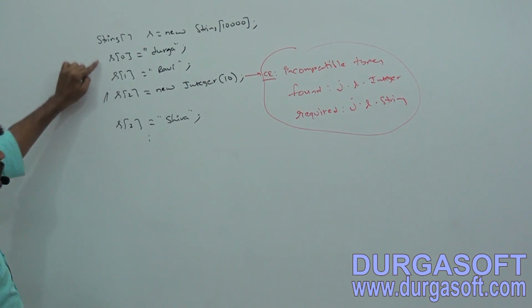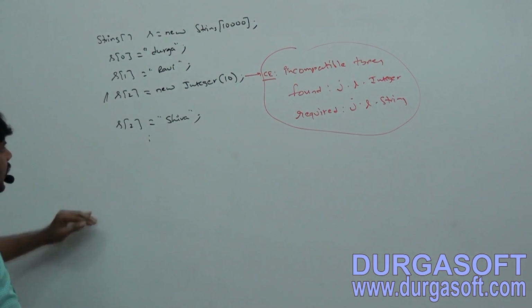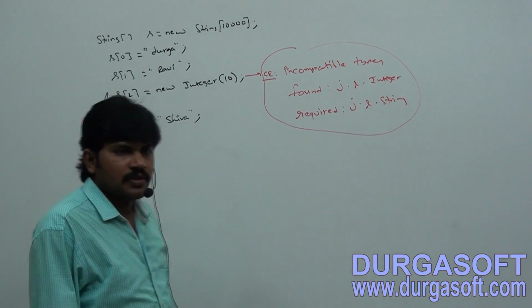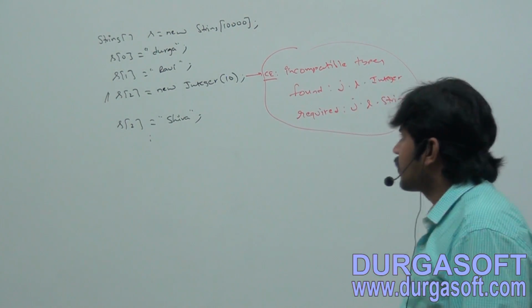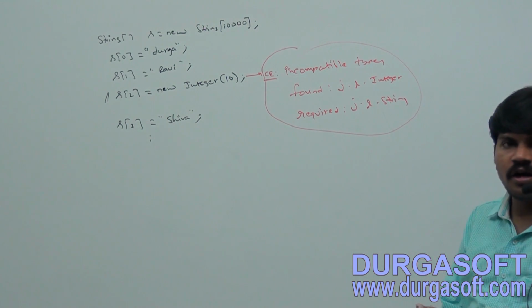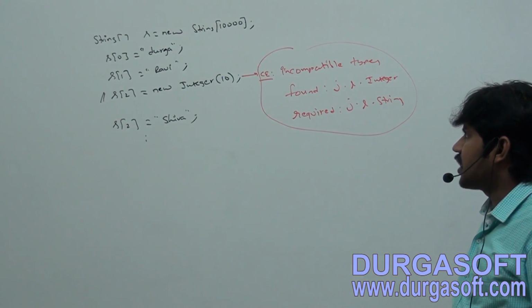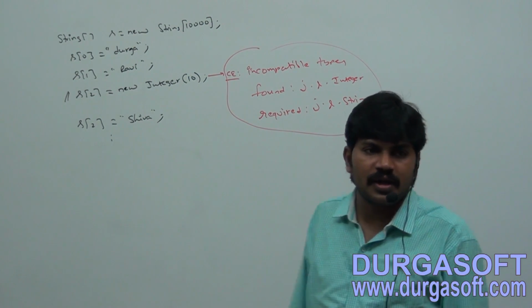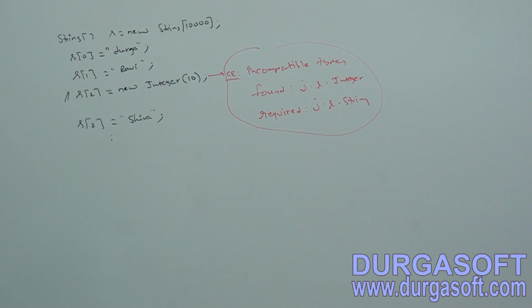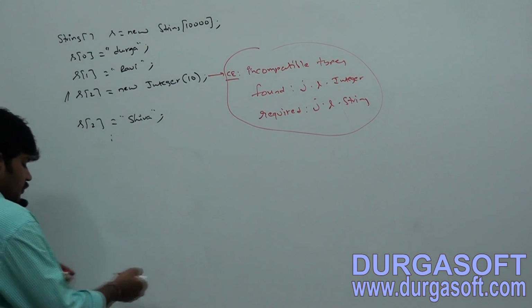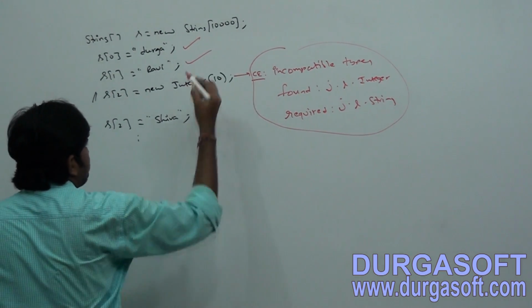Take this example. String array s is equal to new string array of 10,000. S of 0 is equal to Durga. S of 1 is equal to Ravi. Sir, both are valid or not? Yes, valid.